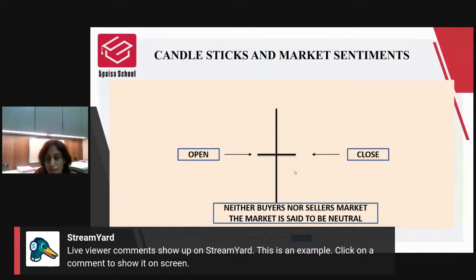It is at this point in time that the market is said to be neutral. It can be said that the market is indecisive. The investors don't know which side the market is going to move from here on. So essentially, they are waiting for some kind of news so that there is a change in the trading pattern.